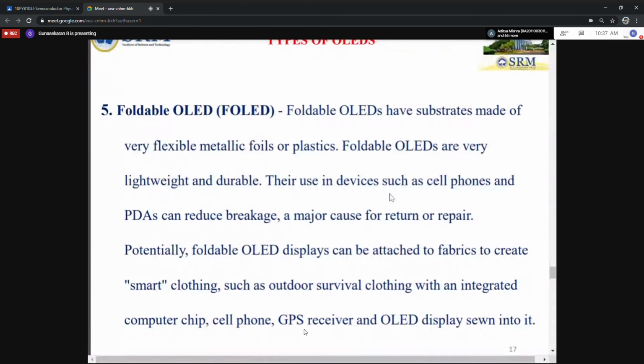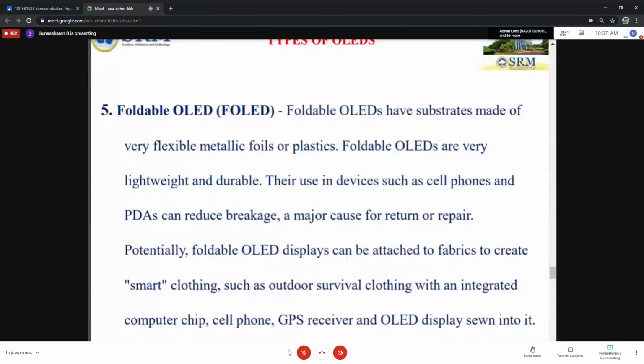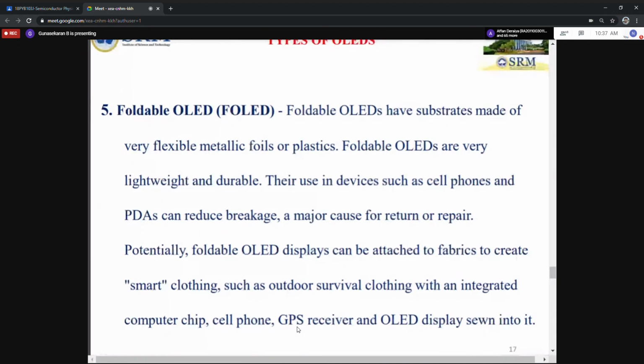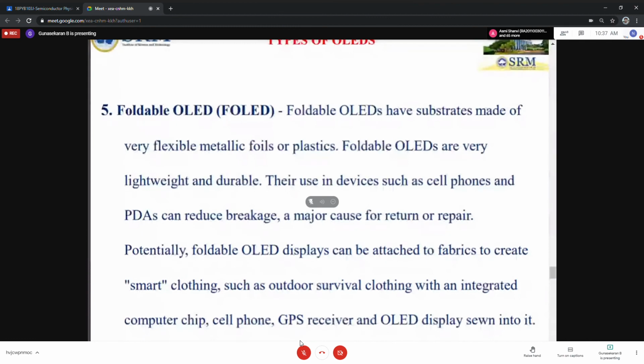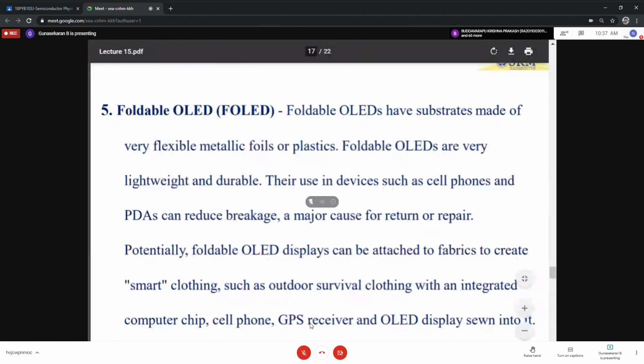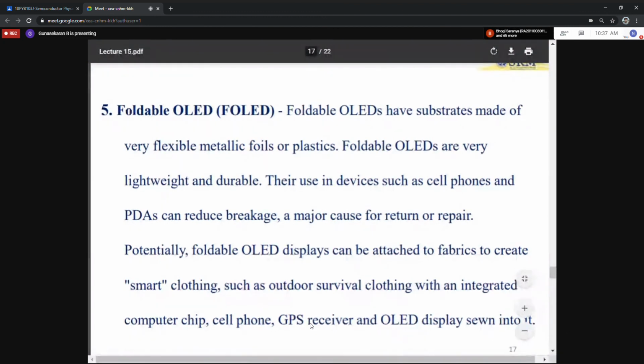They are also used in cell phones as well as PDAs to reduce breakage, a major cause of returns for repair. Potentially, these OLED displays can be attached to fabrics to create smart clothing, such as outdoor survival clothing with integrated computer chips. That is, organic light emitting diodes, and maybe OEICs, optoelectronic integrated circuits, may be fabricated for your cell phones, GPS receivers, OLED display devices, and so on. So this is one type, the foldable type.